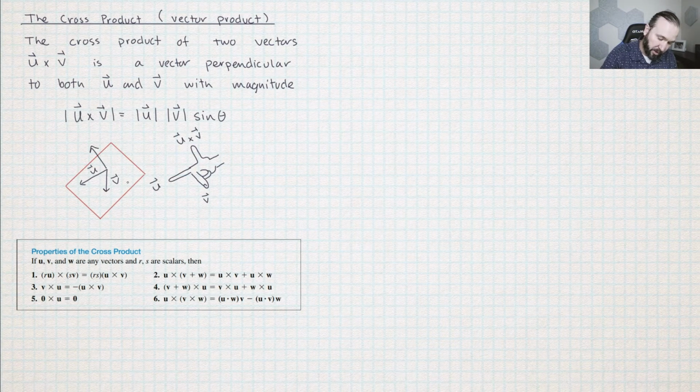This one is u cross v, and then this one that goes that way is v cross u. Since those two vectors point in opposite directions, that's what that negative sign in front of the vector means. You really should familiarize yourself with these properties of the cross product and be comfortable with them so that you can do algebraic manipulations.